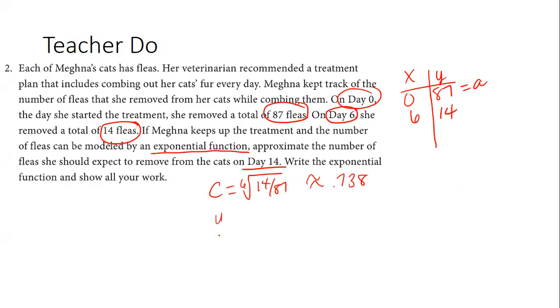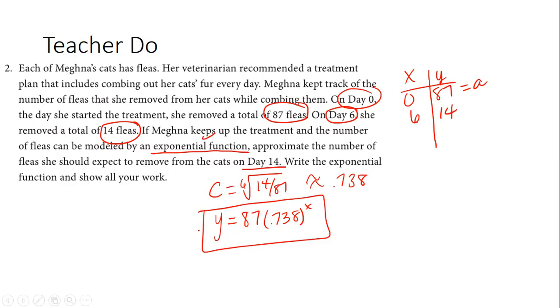So then my model is y equals 87 times 0.738 to the x. So we did the model. It's 2 parts. You telling me the model, and then you solve. So yes? Yeah. All right, now we're solving for, on the 14th day, how many fleas are left?